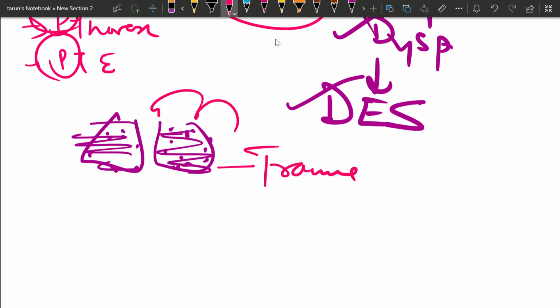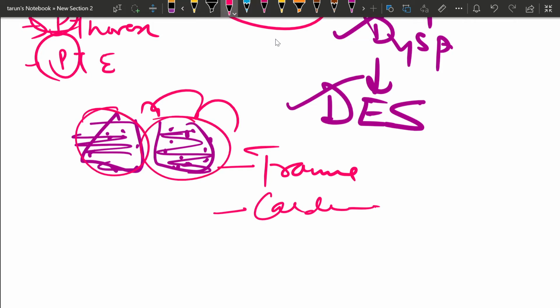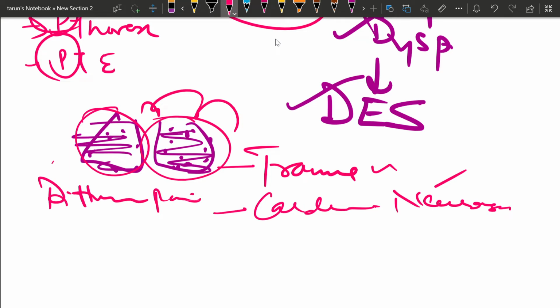Trauma can cause diffuse chest pain and tenderness all over, and also cardiac neurosis, that is psychogenic. So trauma and psychogenic chest pain are the causes for diffuse pain and tenderness all over the chest.